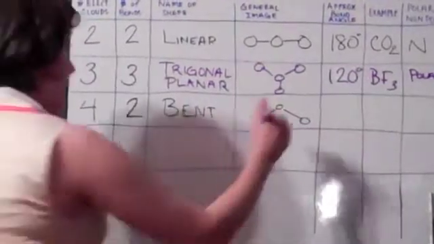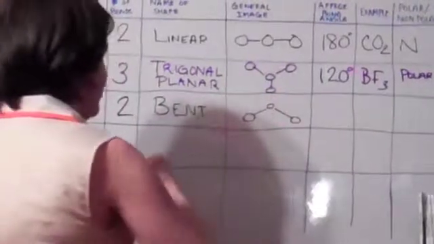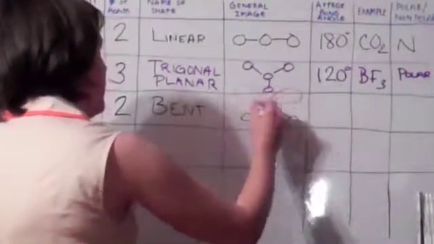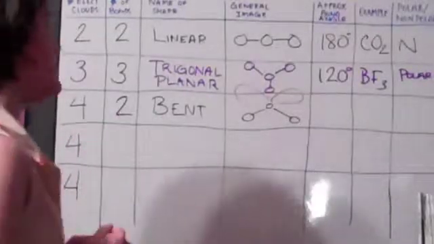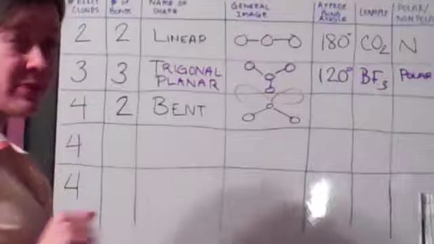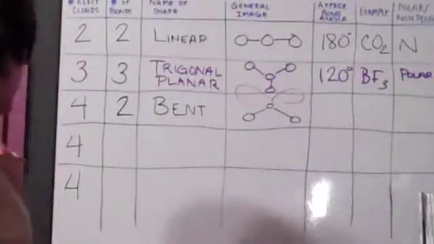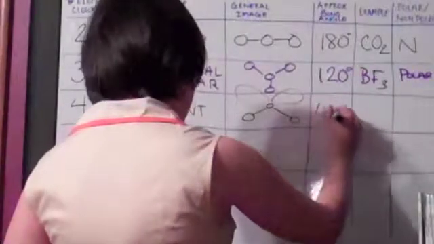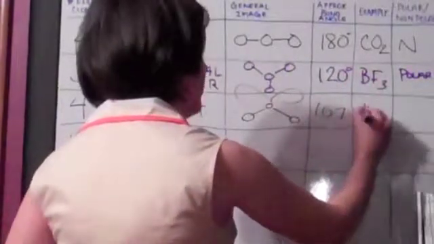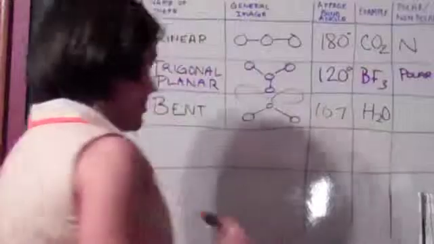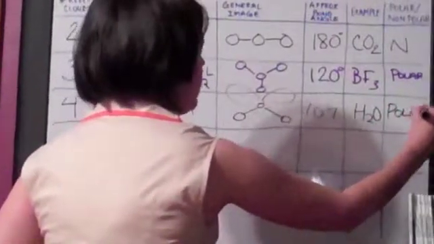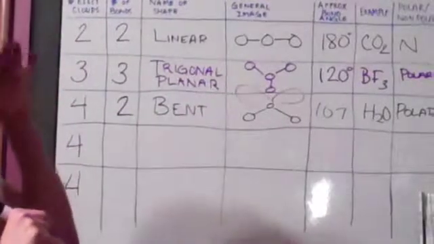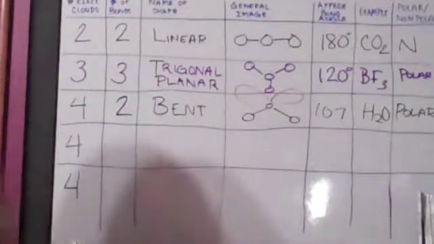And that's because there's 2 electron clouds out here that are taking up space as well. Again, it's 3-dimensional, it's difficult to see here, but that's where we get our Mickey Mouse ears. Remember that I wore that last week. This is approximately 107 degrees. An example for us is water, don't forget that one. And it will absolutely be polar because of our extra electron clouds that we have there.